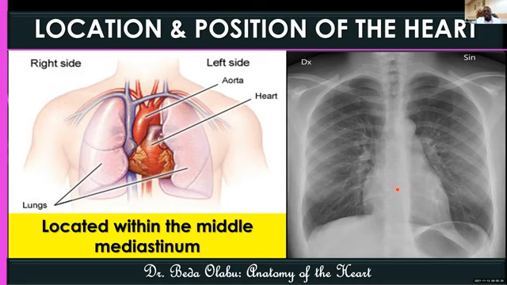So the concept here is that there's a bigger proportion of the heart that falls to the left of the midline compared to what falls to the right. Otherwise, it's a midline organ, but yes, a bigger part of it is to the left and a smaller part to the right. I hope you understand that. So it's located in the middle mediastinum with 2/3 of it to the left of the midline and 1/3 to the right of the midline.